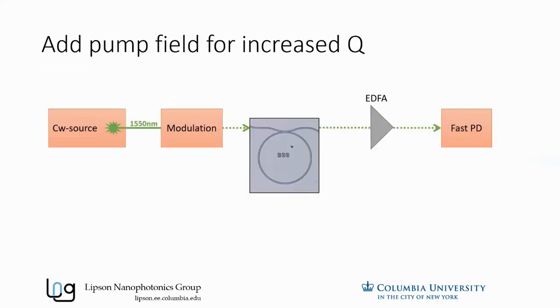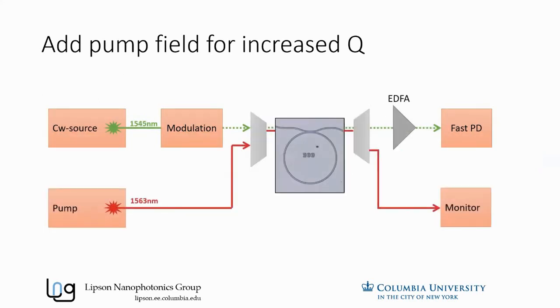Now we want to see what happens if our cavity becomes better, that is, it becomes lower in loss, and therefore more narrow. There's a way in which we can achieve this on the same chip by adding a pump field that is co-propagating to the pulses.